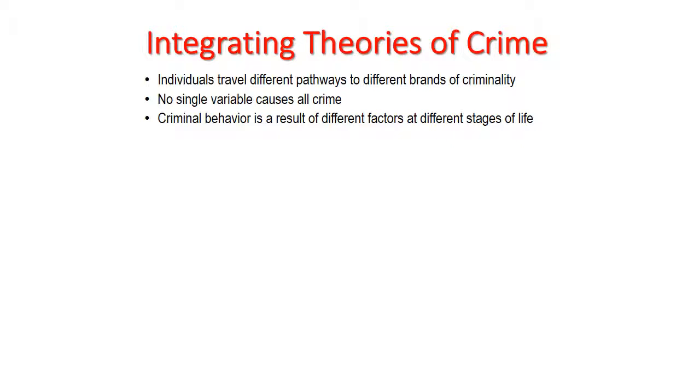So, as I said, there's no one answer, there is no one variable that causes all crime, but instead, it is likely to be a combination of beliefs, environmental factors, educational factors, parental or family factors, and peer associations that actually help determine whether one is to become a criminal or not.